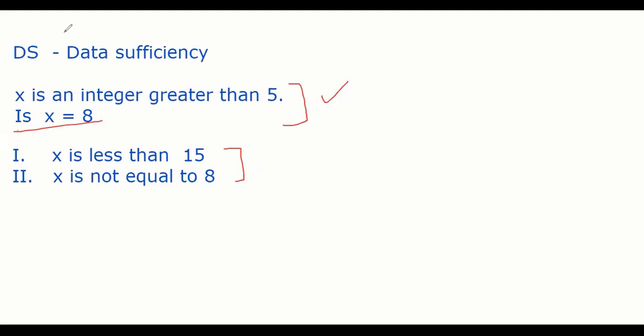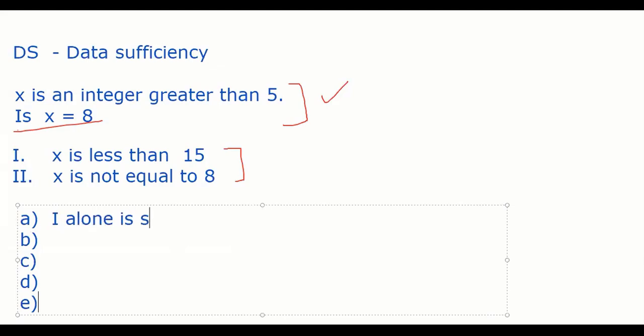And then there will be 4 or 5 options. Option A, option B, option C, option D, option E. Suppose option A says 1 alone is sufficient. Option B says 2 alone is sufficient.